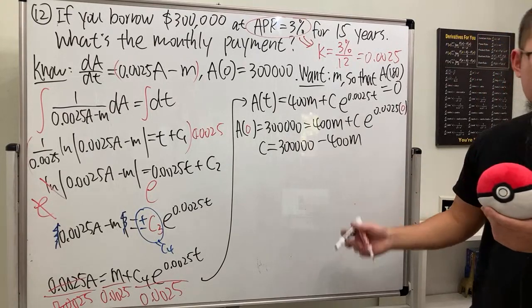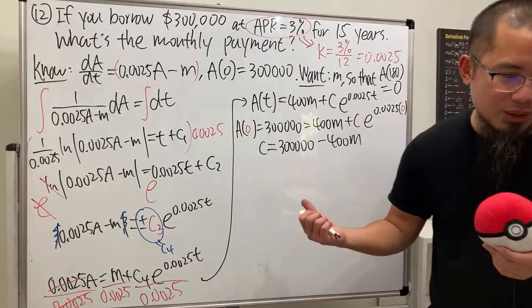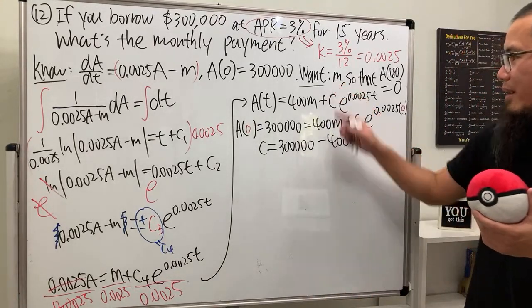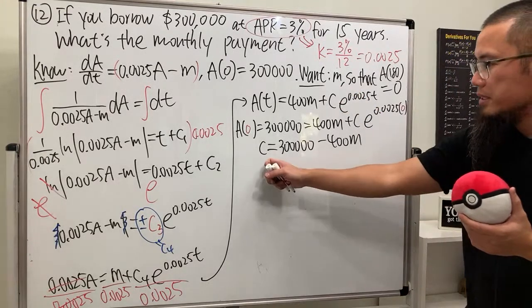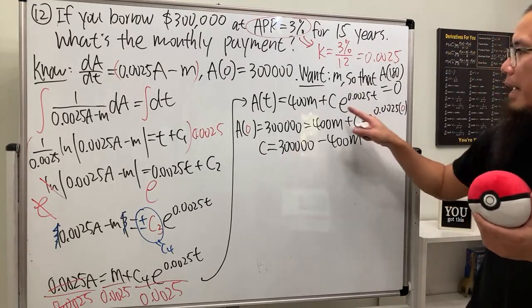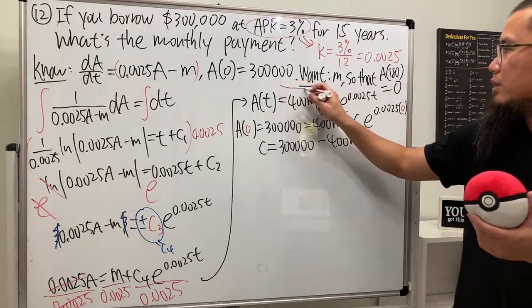It's just a lot of algebra, right? So we want M, and then this is what we have. C is in terms of M. That's pretty good because now we can put this back to here, and then we also want this to happen. You see, we also want this to happen.